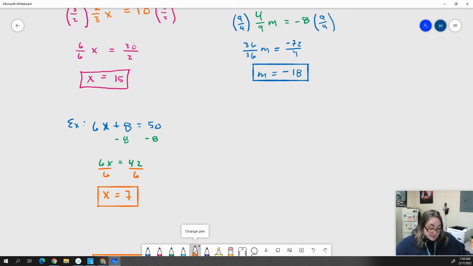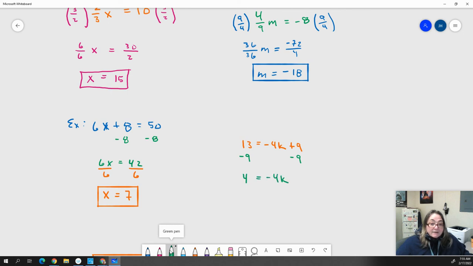Let's look at one more. Let's look at 13 equals negative 4k plus 9. Same respect, right? We're going to do the opposite first. Just because it's on the other side doesn't mean we can't work the same way. So I'm going to start by subtracting 9 from both sides. 13 minus 9 is 4 equals negative 4k.